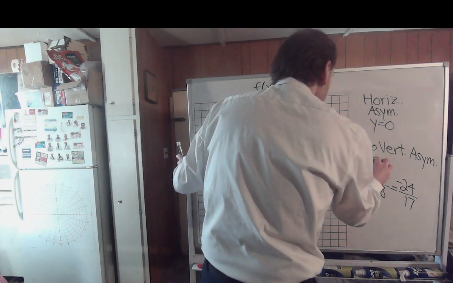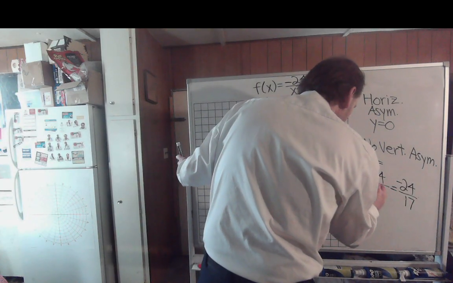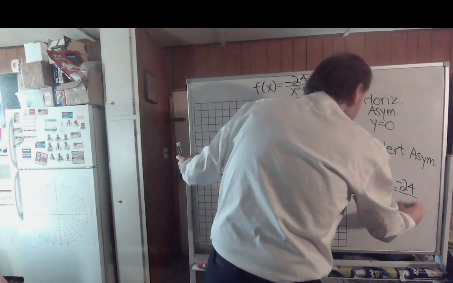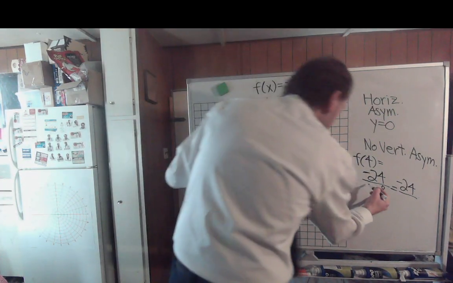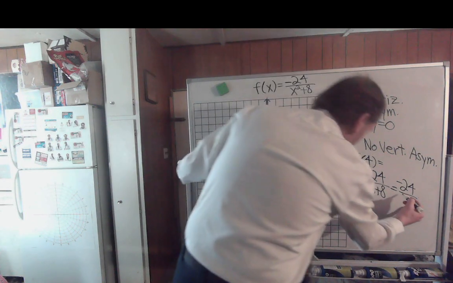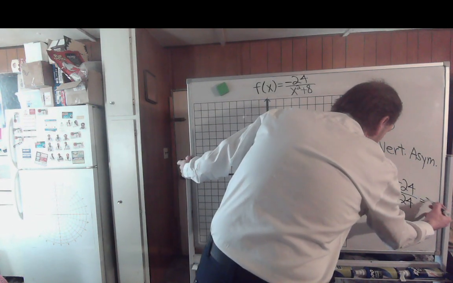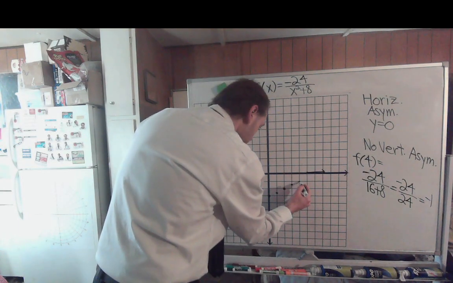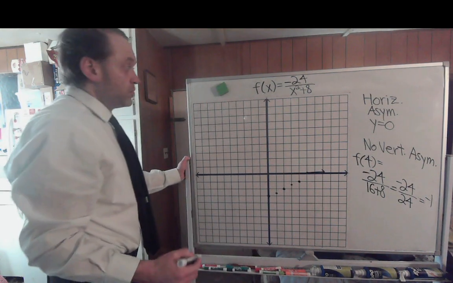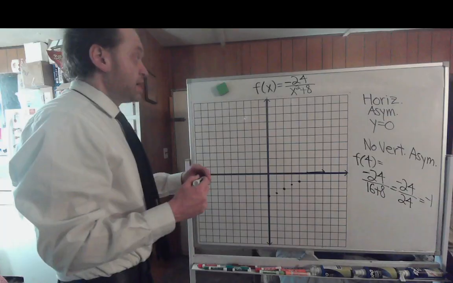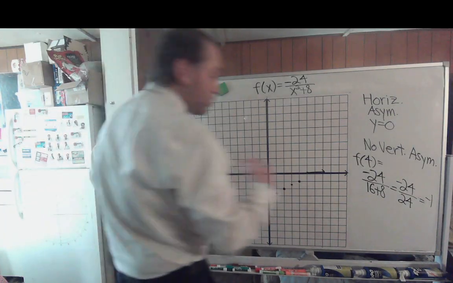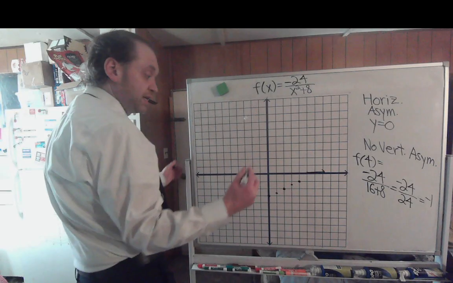Okay, let's do 4. Just for good measure. Let's put in f of 4. So 4 squared is 16. You would have negative 24 over 24, which would give you a y value of negative 1. When you do f of 4, and if you did f of 5, you would be going to the north of negative 1, getting closer to 0.